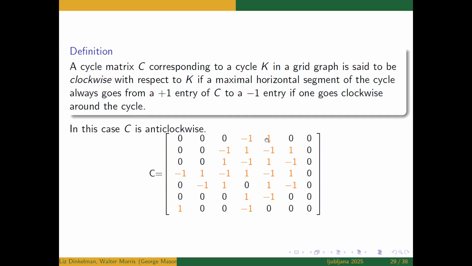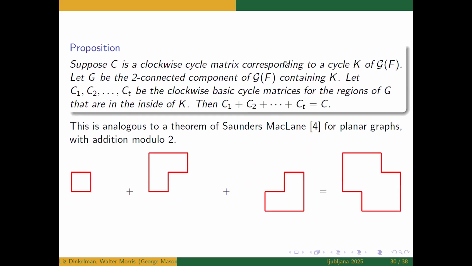Here we're going from -1 to 1, and if we go from -1 to 1, then we have an anti-clockwise cycle.